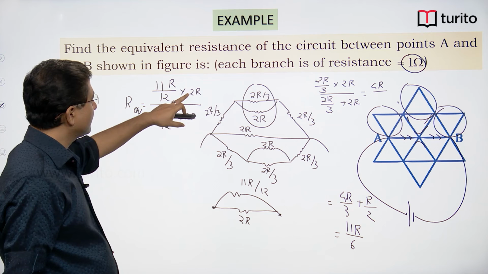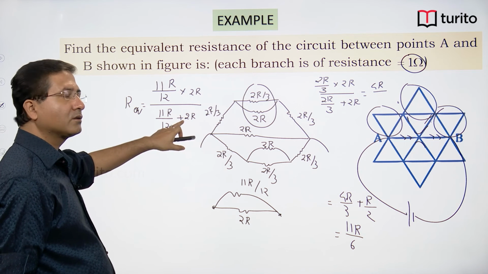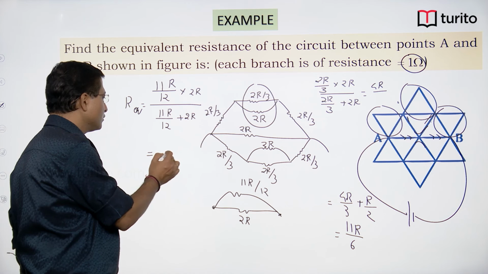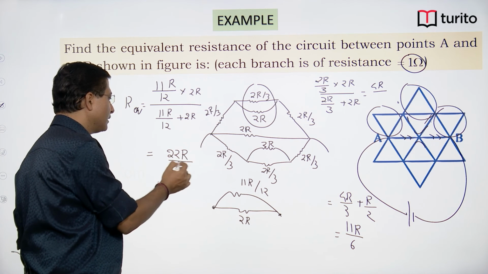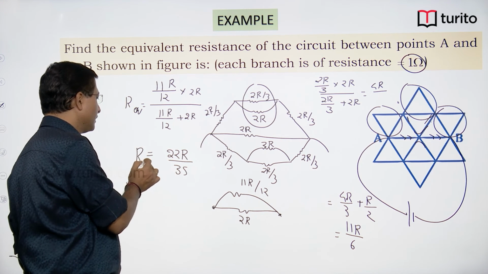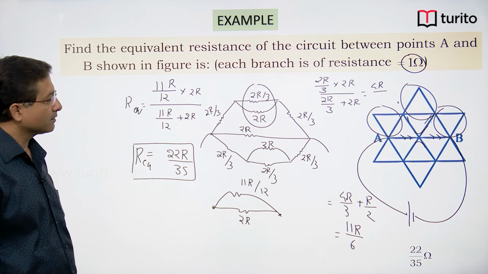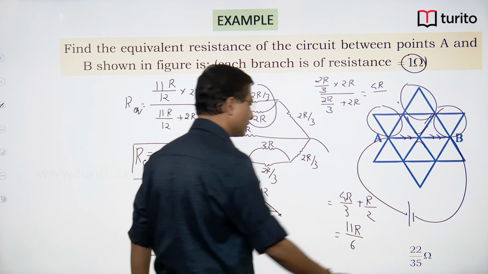If I simplify, here I can see 22 and here 22 plus 11, 35. So we are getting 22R by 35 R equivalent. So the final answer is 22 by 35, correct.